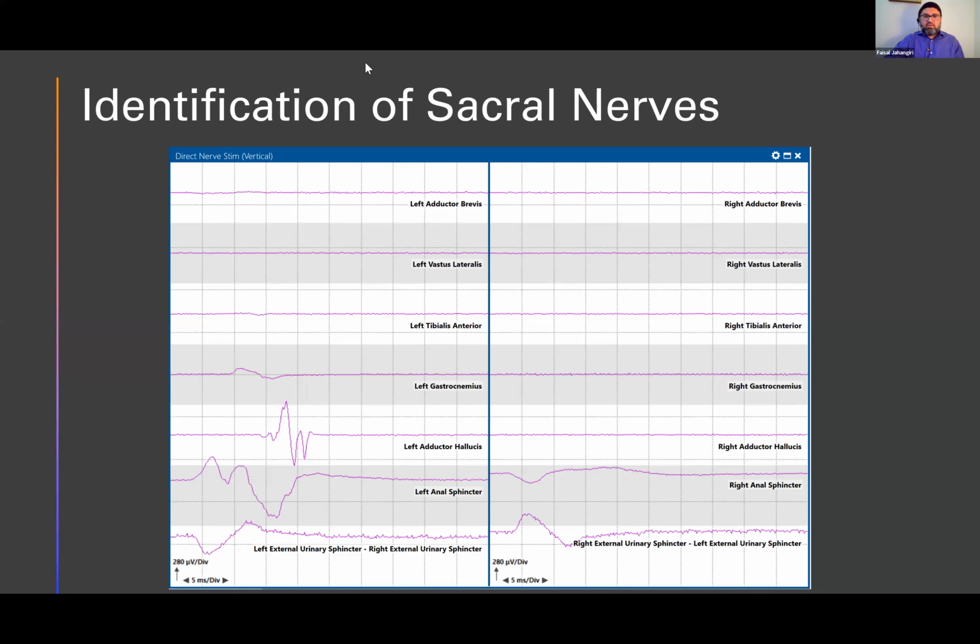Besides latency, we are looking at the morphology of the waveform. Is it multiphasic, does it have 3 peaks or 4 peaks or 5 peaks, how many peaks, and how much is it changing throughout the surgical procedure.